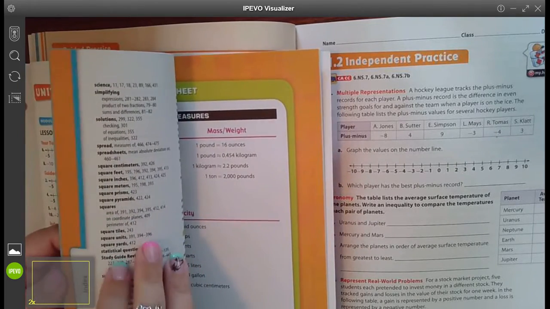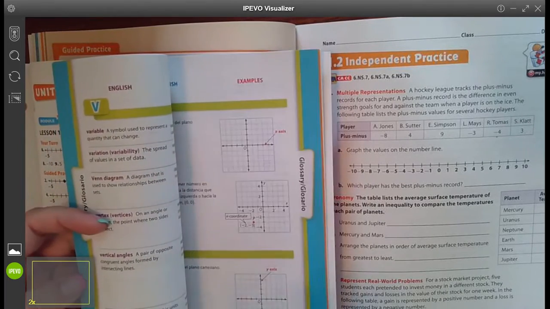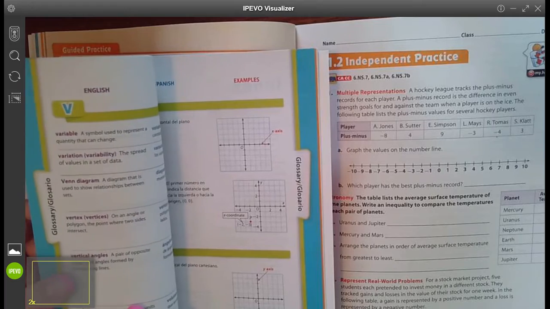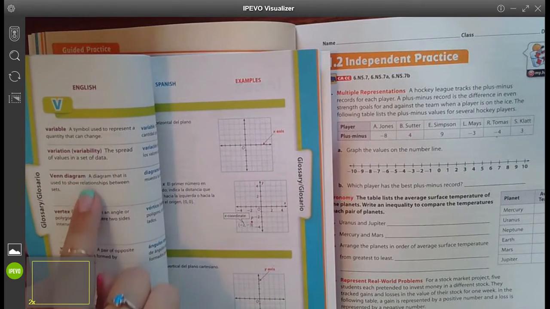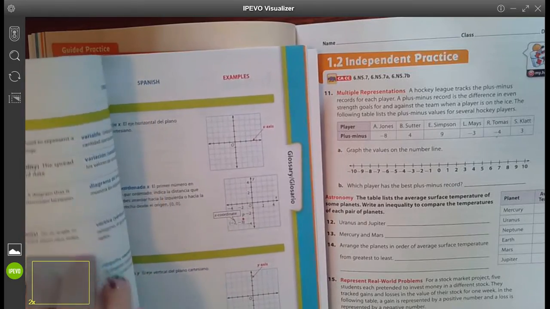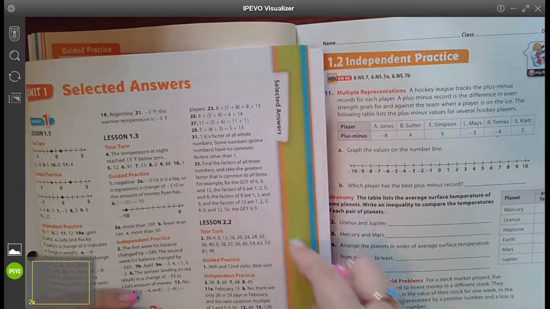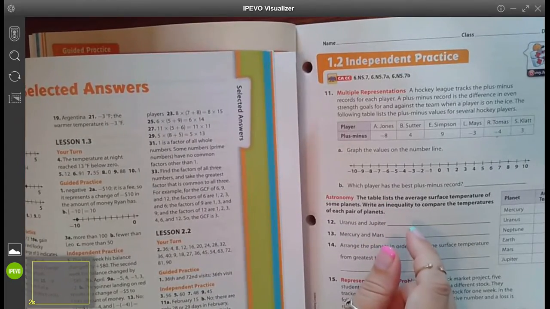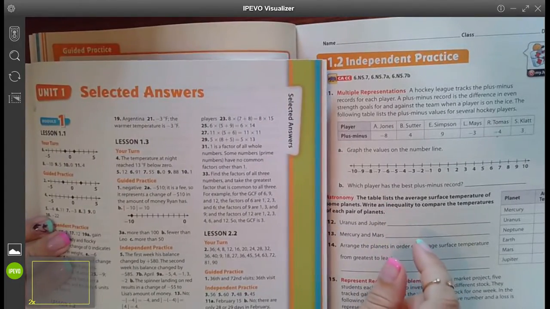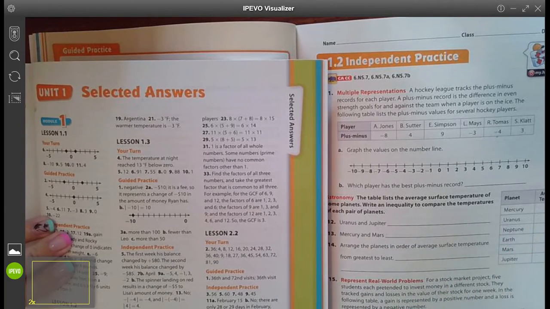So the orange is the index where you can find what page definitions are on. The glossary is more in depth, and it actually gives you the definitions in both English and Spanish. And the one that we actually want to use is this green tab section. This is where you check your answers.